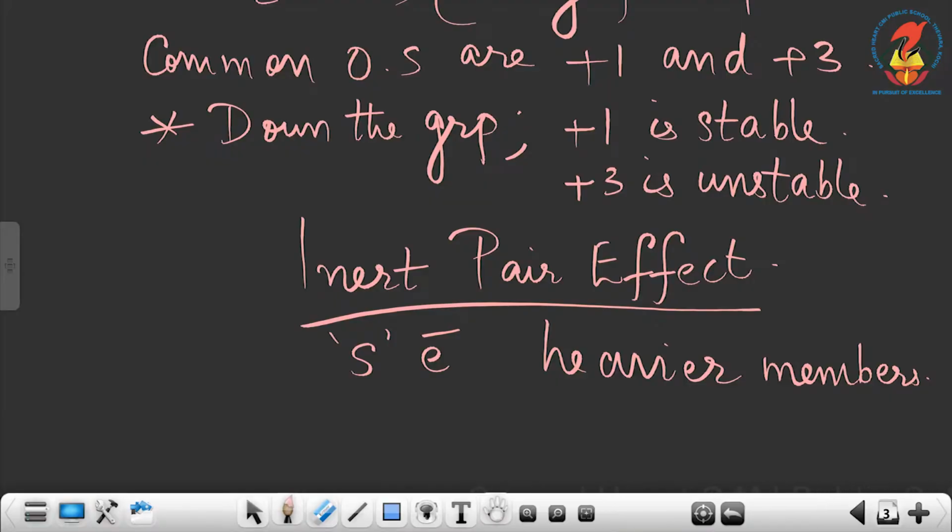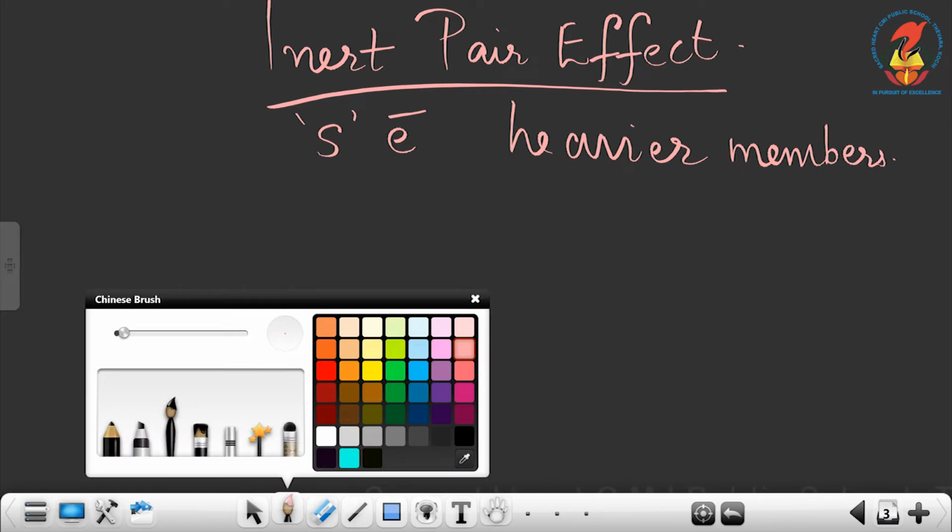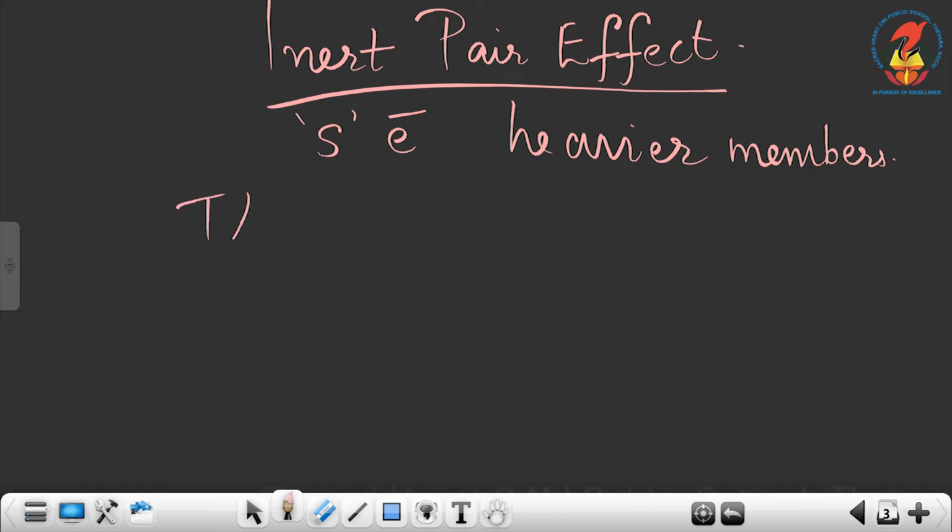In thallium, we know the symbol of thallium is Tl, +1 oxidation state is more predominant or is more stable than +3. Why?